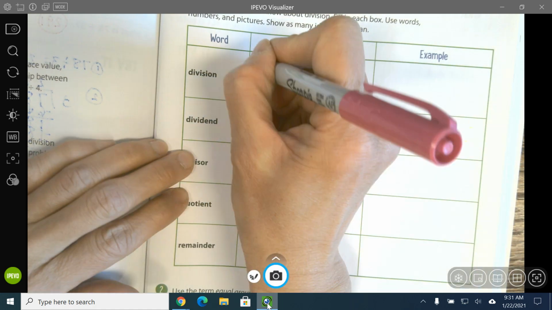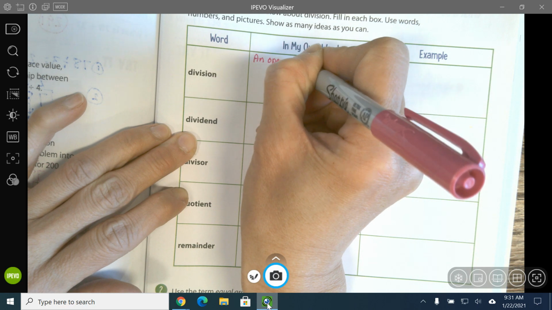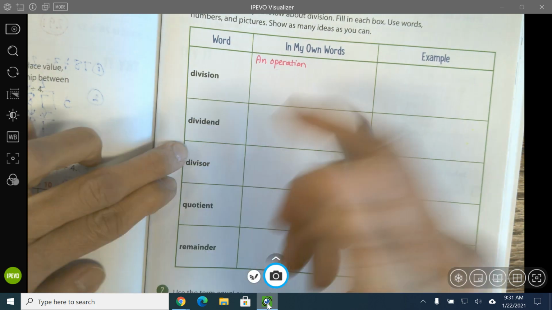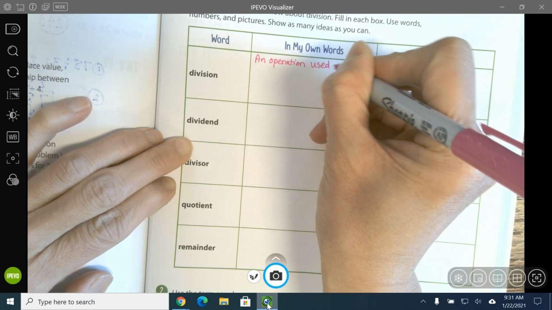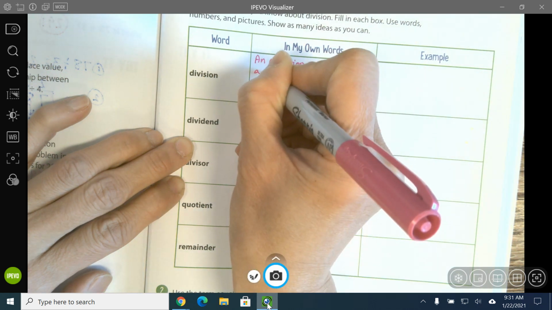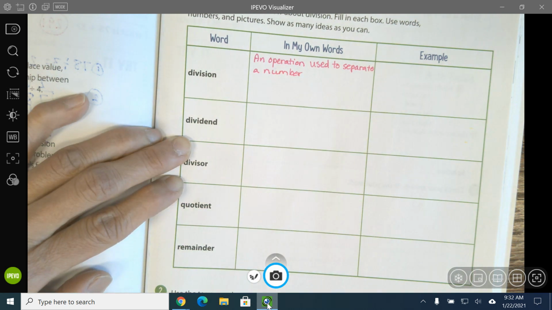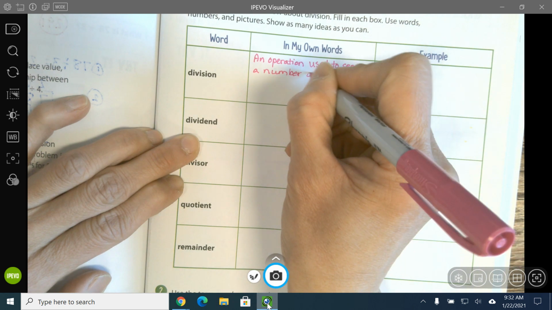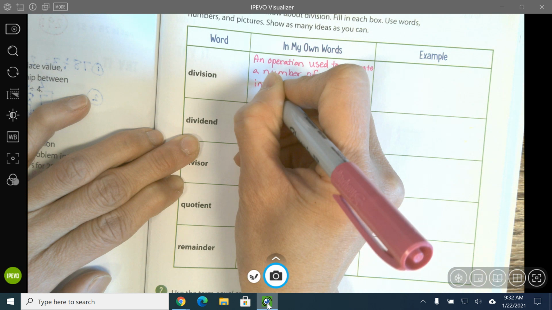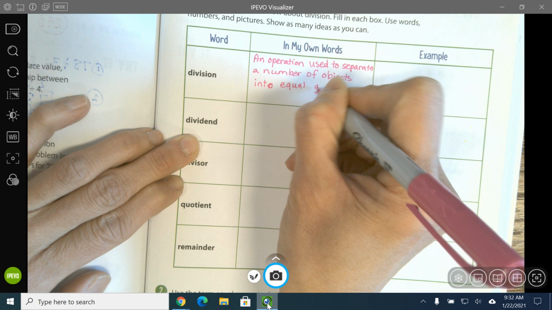Division is an operation used to separate a number of objects into equal groups.